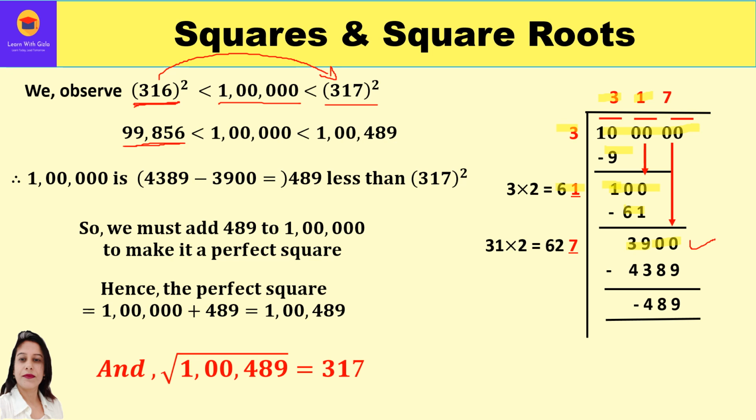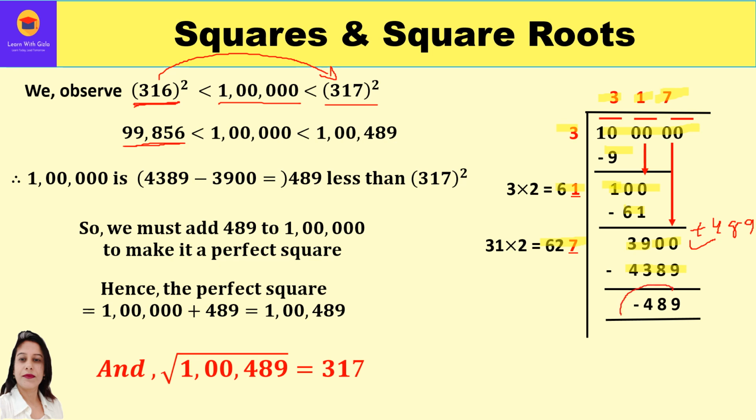Now instead of keeping 6 over here, we are keeping 7. So our new divisor is 67 multiplied by the quotient 7 and we get a number which is more than 3900, right? Why is it more than 3900? Because if we add 489 to it, it would have been exactly 4389.